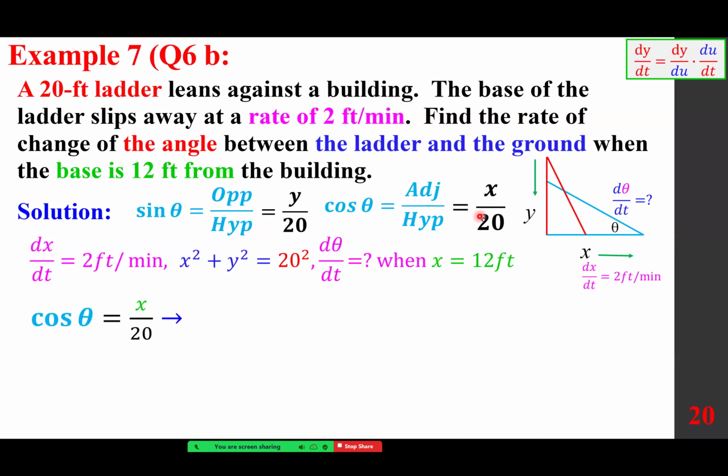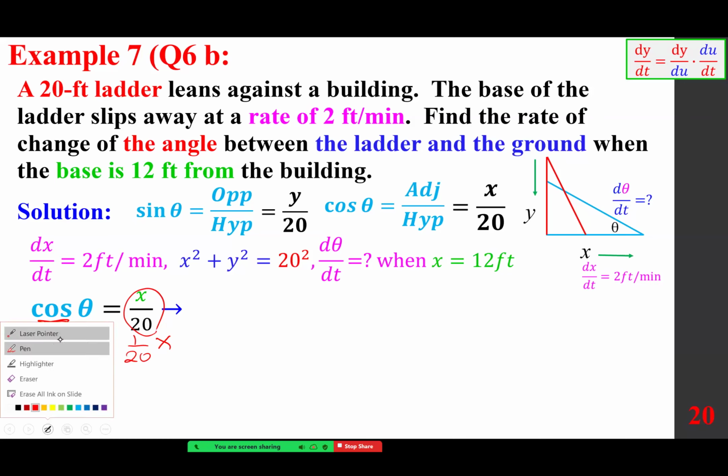And what I'm going to do, first, I'm going to change this to the format so it is clear that 1 over 20 is just a number, a coefficient. Then I put an underline on cosine so everybody can see we are differentiating cosine, which gives you the answer negative sine.